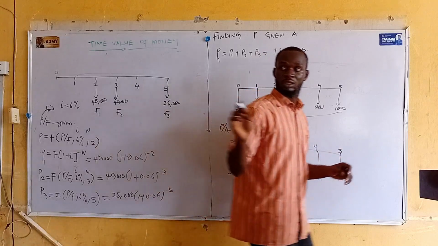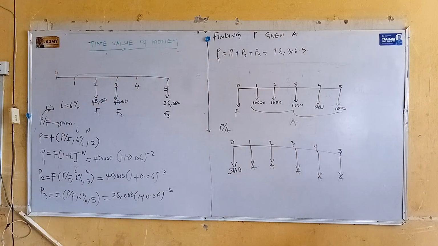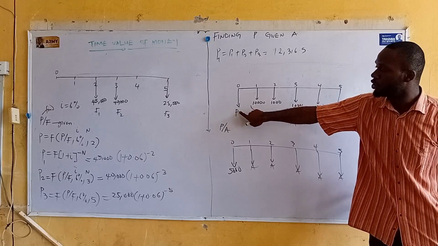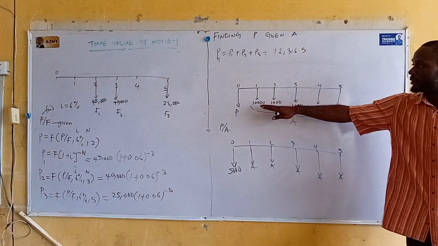Now here you are asked how much you should deposit now so that over the next 5 years you'll be able to withdraw 1,000.